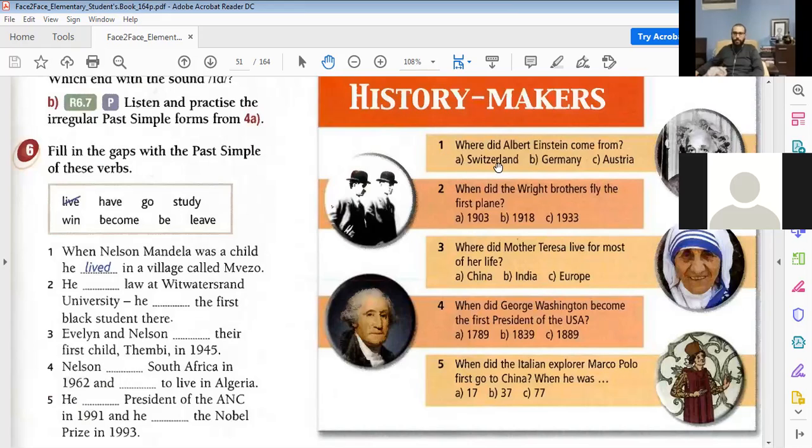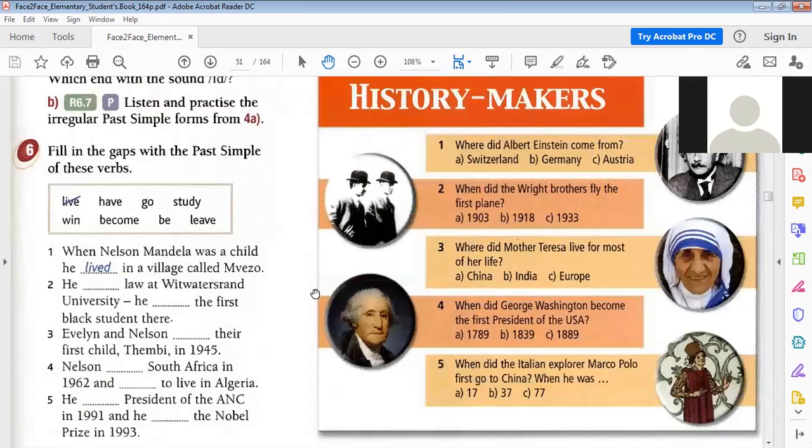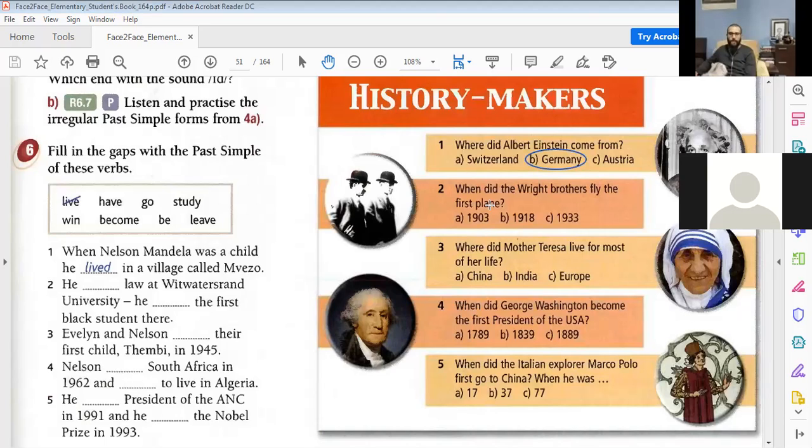Did he come from Switzerland, Germany, or Austria? What do you think? Germany. Basma, you think it's from Germany? Who agrees with Basma? I think that's right. What do you think, Manal? I think Germany.